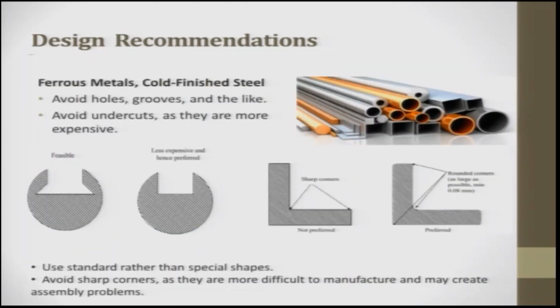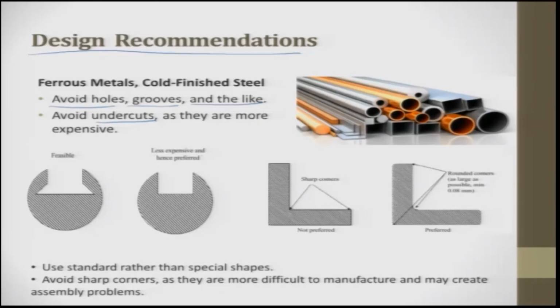So, some design recommendations we are just giving for your knowledge. When you talk about ferrous metals, cold finish steels, avoid holes, grooves and undercuts, they are very expensive. So, this is feasible, cutting an undercut is possible.